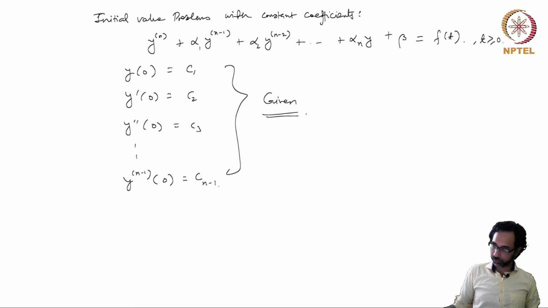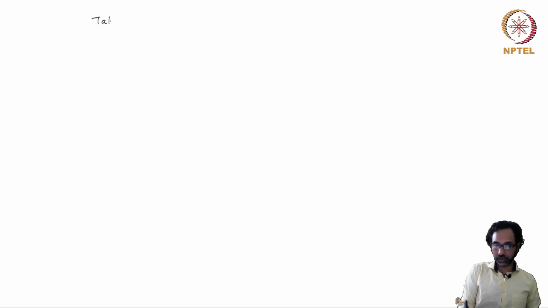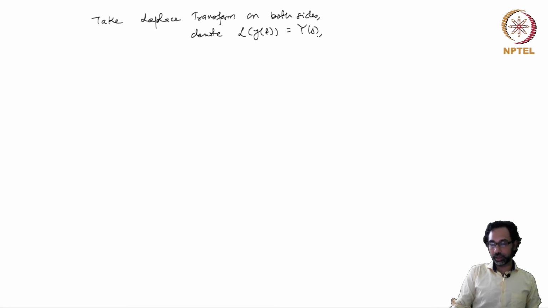So we can take the Laplace transform on both sides of this equation, and let us denote the Laplace transform of y(t) as capital Y(s) and the Laplace transform of the function f(t) as capital F(s).